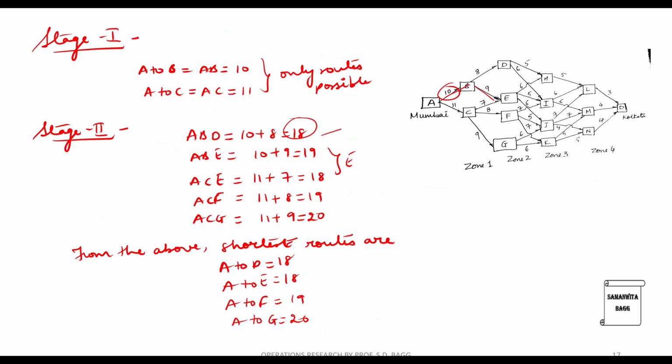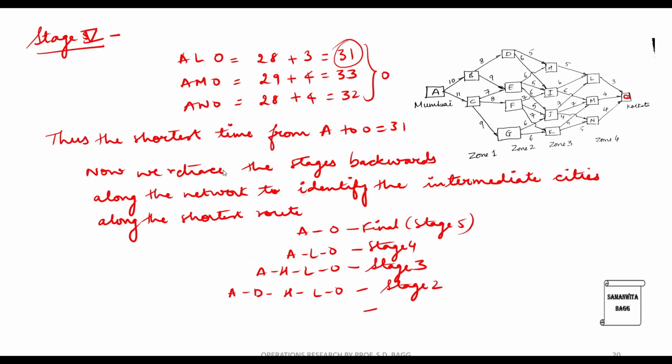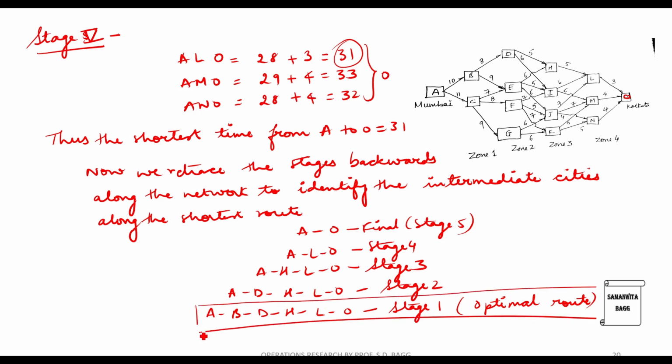It was only 18, which was through B. So I'll write down, this is A, B, D, H, L, O. This is the optimal route. And this is the solution.